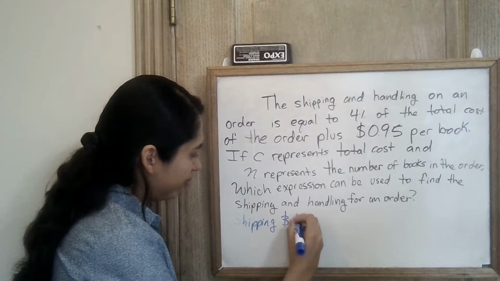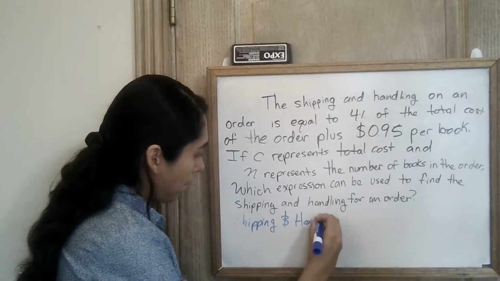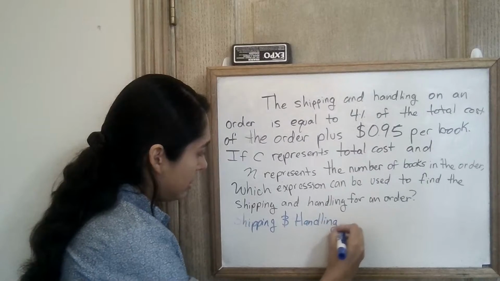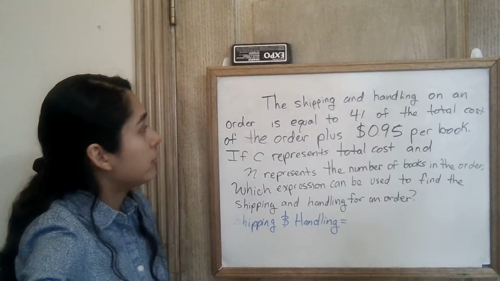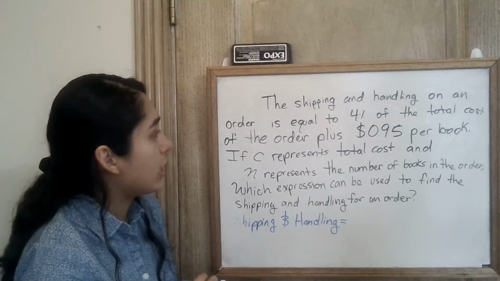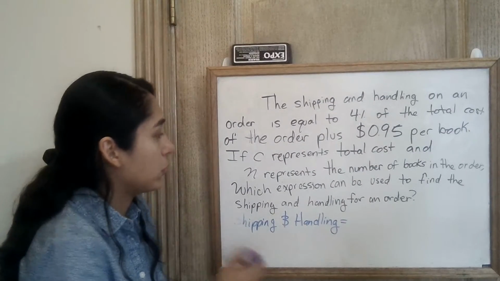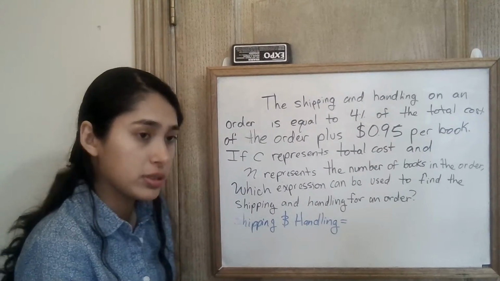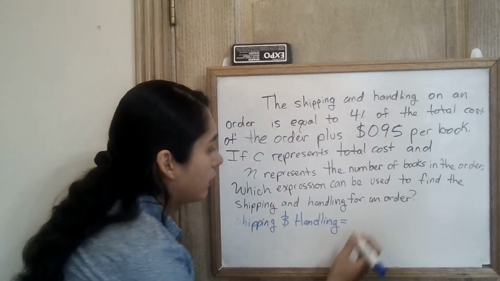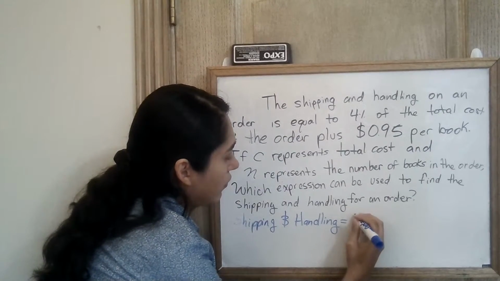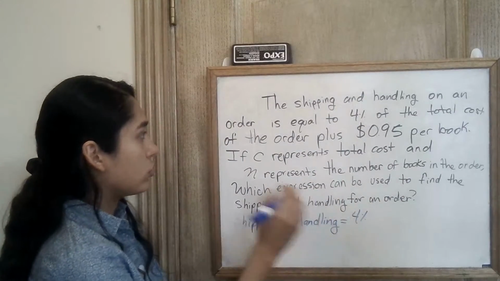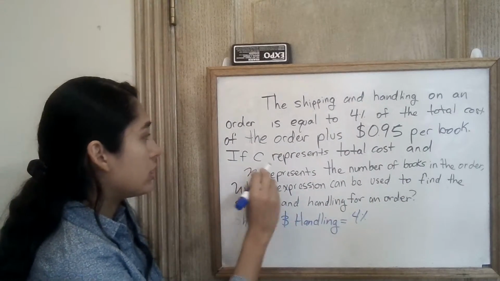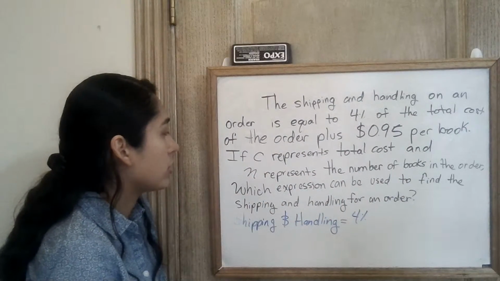Shipping and handling is equal to 4% of the total cost of the order. So 4% of the total cost of the order. So what is the total cost of the order? Oh, C represents the total cost of the order.